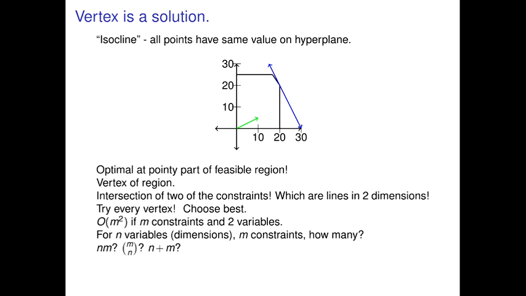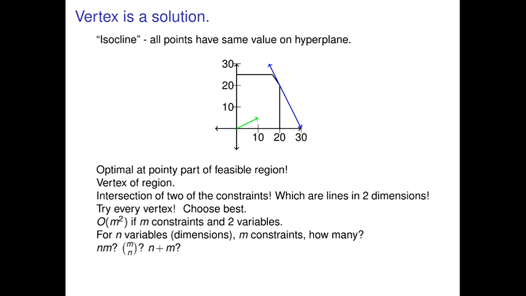In some grade, you did an intersection of 2 lines: 2 variables, 2 unknowns, 2 equations. Now we're doing it in n dimensions. And these are constraints, and we're going to say the constraints happen with equality. That's what being on the constraint means.